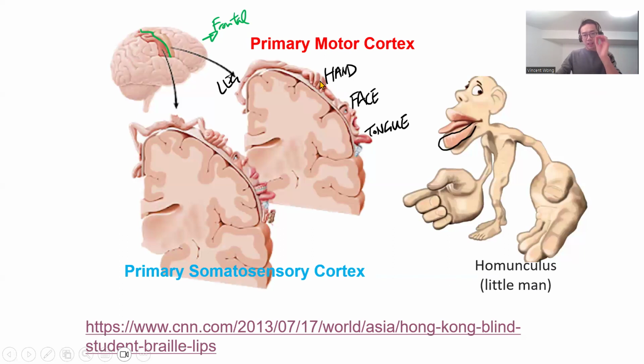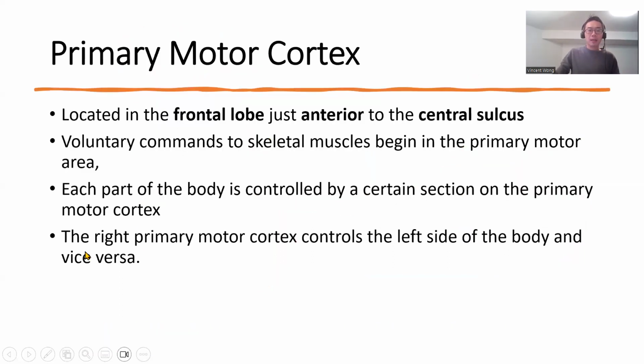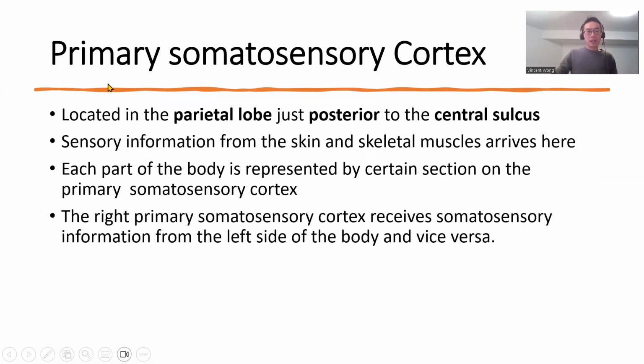But if it's a stroke that affects a particular area, only that section will be affected. And the right primary motor cortex controls the left side of the body, vice versa.